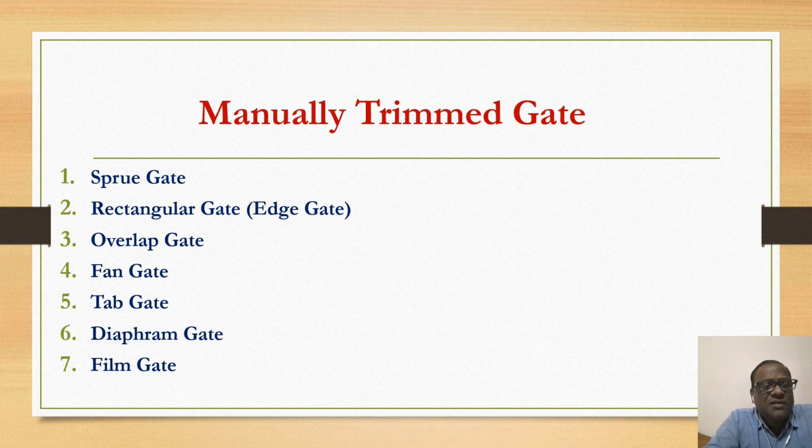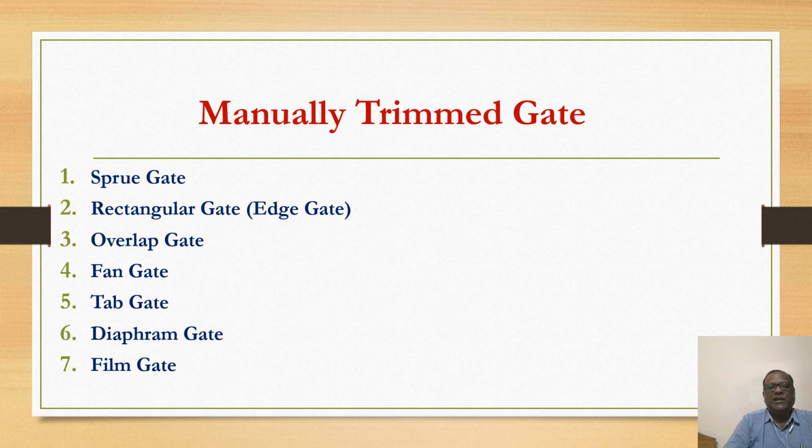So those gates are: sprue gate, rectangular gate, overlap gate, fan gate, tab gate, diaphragm gate, and film gate. As I told you, they are classified into two groups: manually trimmed gate and automatically trimmed gate.